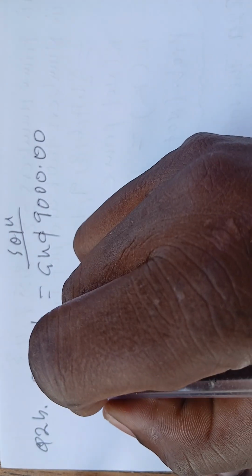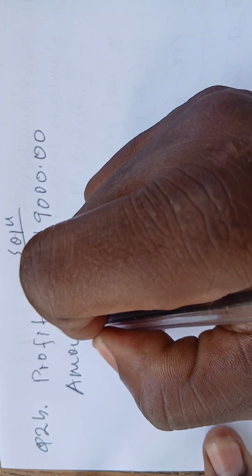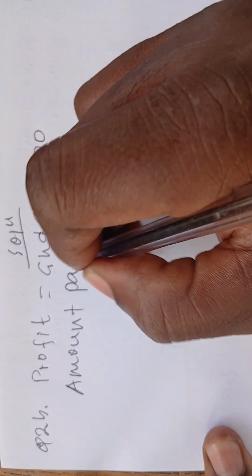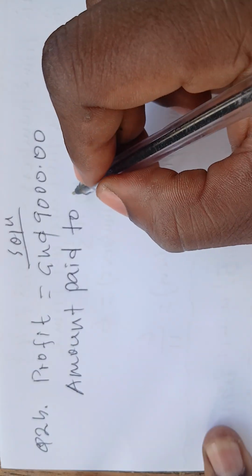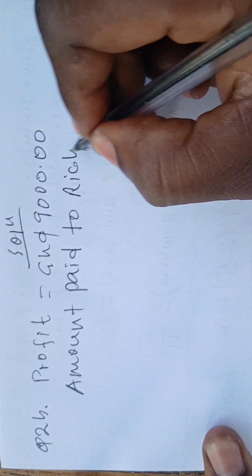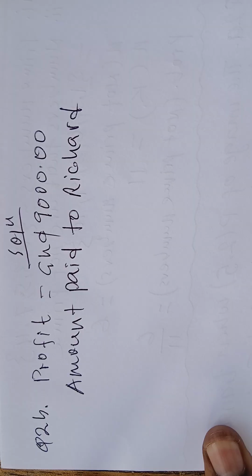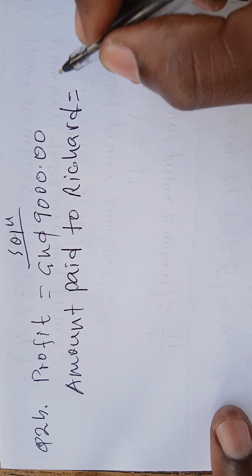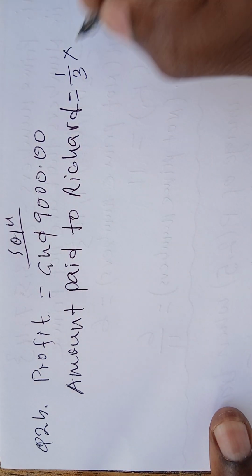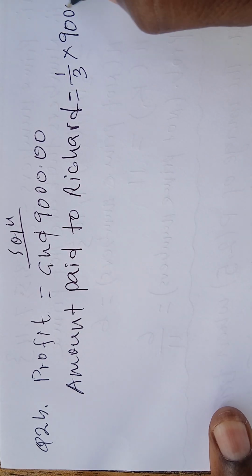For us to know out of this profit, Richard was paid 1/3. So for us to know the amount Richard was paid, the amount paid to Richard will be equal to 1/3 times the 9,000 Ghana cedis.